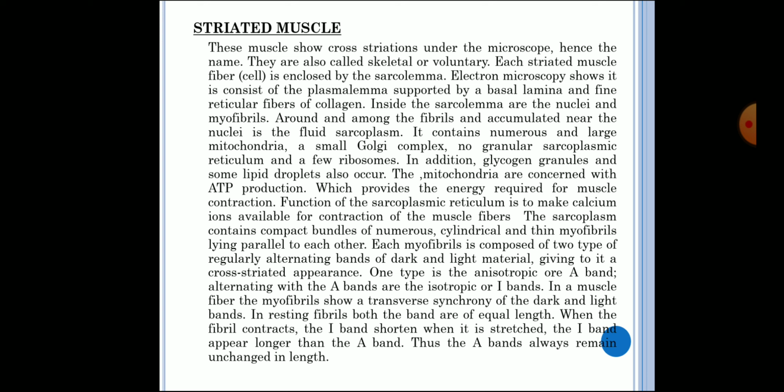Electron microscopy shows it consists of plasma lemma supported by a basal lamina and fine reticular fibers of collagen. Inside the sarcolemma are the nuclei and myofibrils. Around and among the fibrils and accumulated near the nuclei is the fluid known as sarcoplasm.